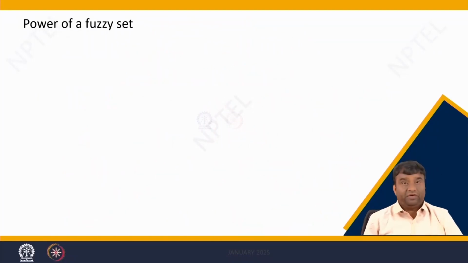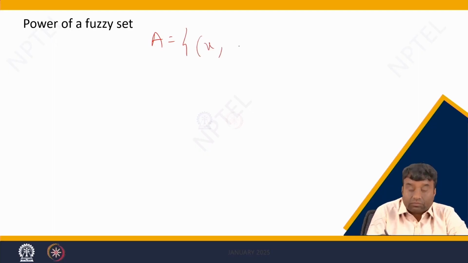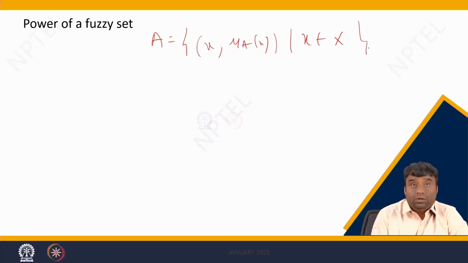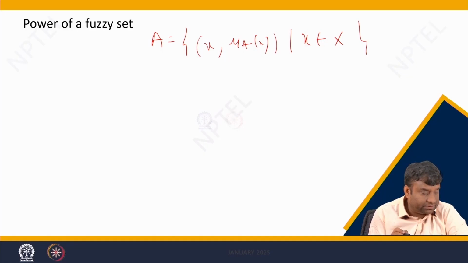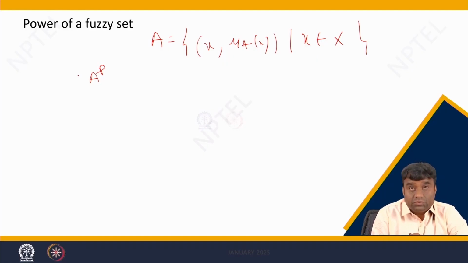Now, power of a fuzzy set. So A is a fuzzy set {(x, mu_A(x))}, x belongs to the universe of discourse, that is X. So A to the power p can be written as {(x, (mu_A(x)) to the power p)}.